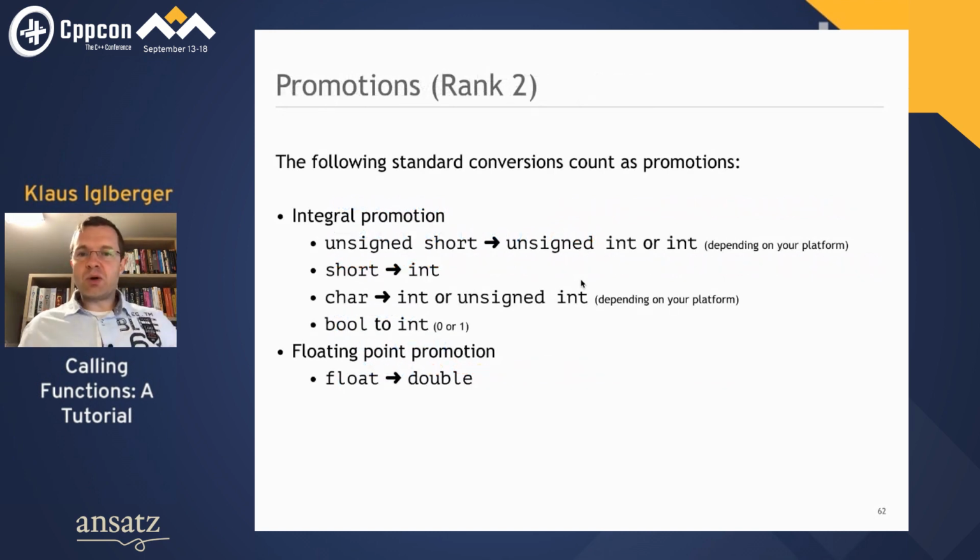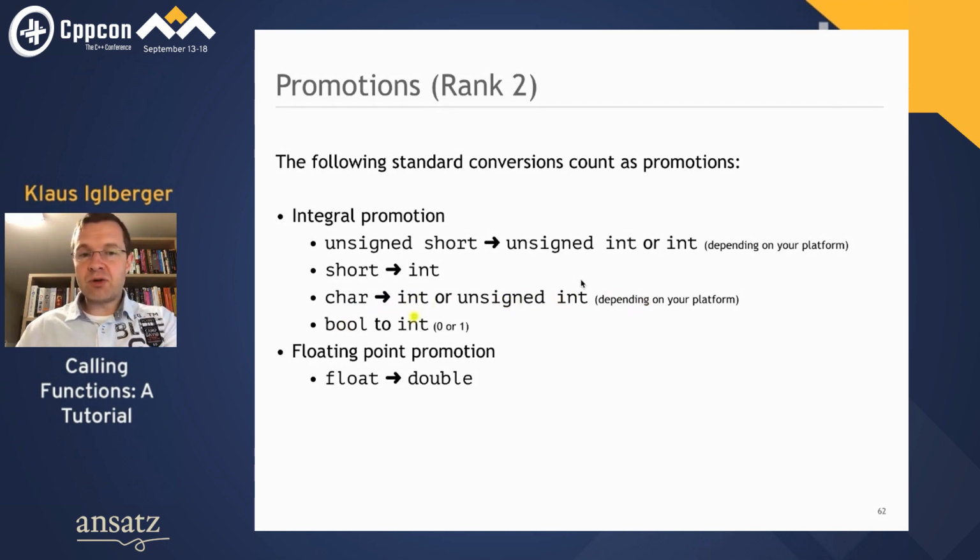So let's talk about promotions, rank 2. The standard defines a small set of special conversions, which we call promotions. So for instance, an unsigned short can be converted to an unsigned int, or int, depending on your platform. A short can be converted into an int. A char can be converted into an int or unsigned int, depending on your platform.